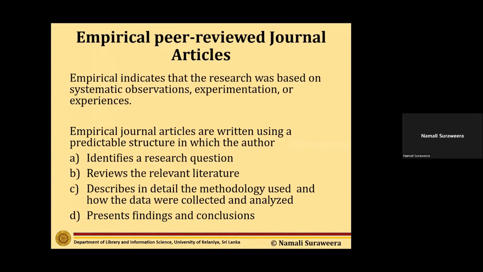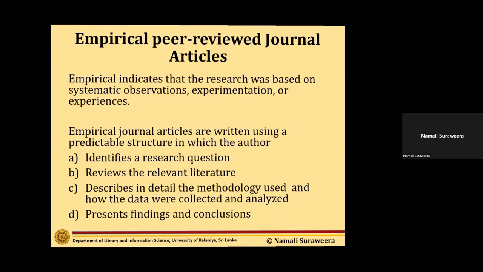That sort of order will be shown in those peer-reviewed journal articles. So from A to Z, the research process can be identified. If you want to look at those papers, do not focus everywhere, just focus on empirical peer-reviewed journal articles. That process is quick, and you can get the relevant information or literature.